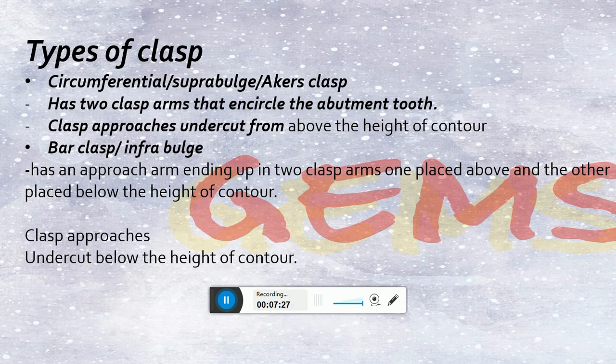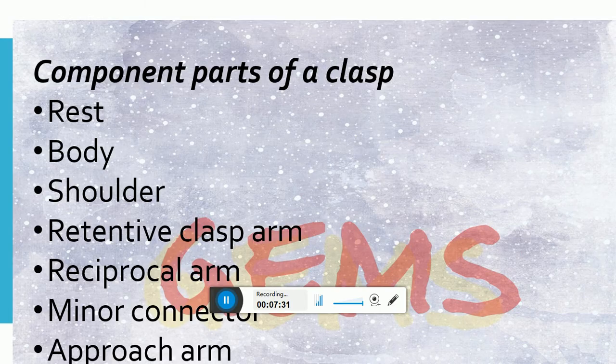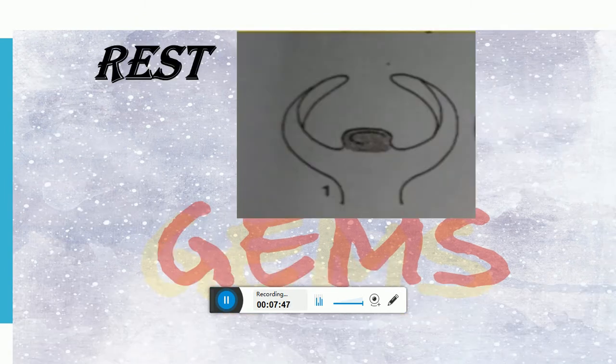Next, after this, we have component parts of a clasp. This is very important. We have rest, body, shoulder, retentive clasp arm, reciprocal arm, minor connector and approach arm. First we will take up rest. What is rest?